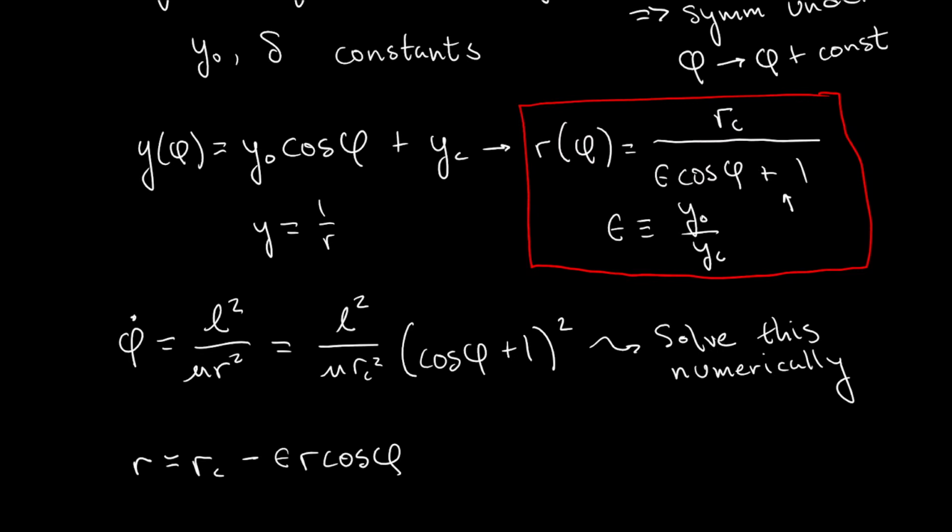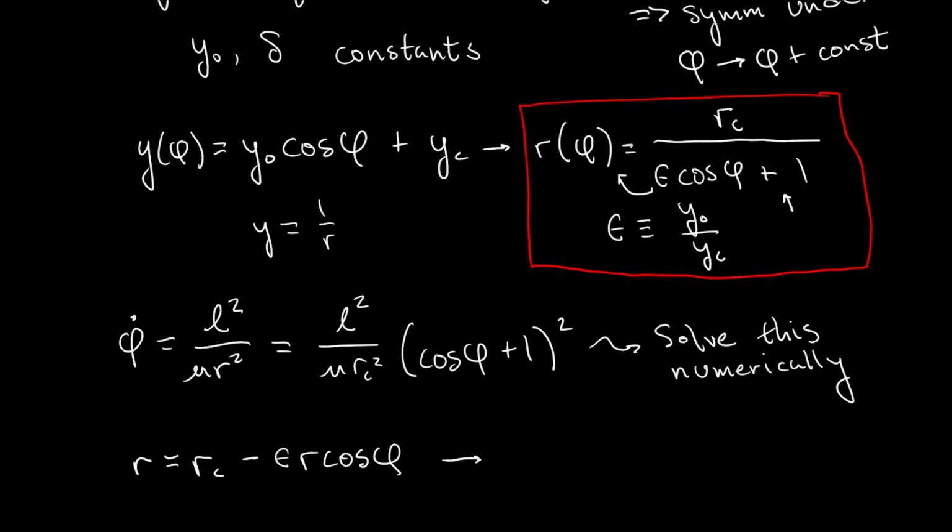This is just, I multiply both sides by epsilon cosine phi plus 1, and then subtract the cosine phi term from both sides. Okay, so now the whole reasoning is I want to know what this is. What's this describing? What do these orbits actually look like?